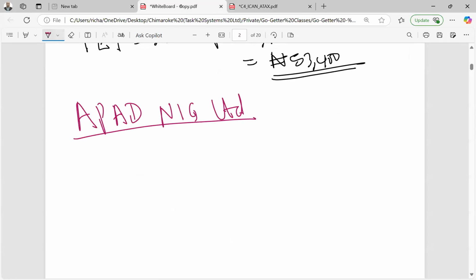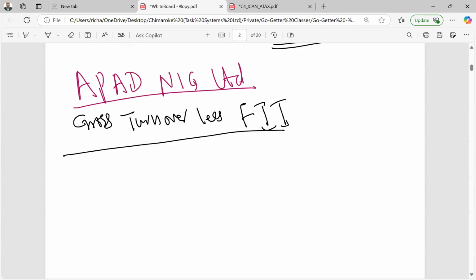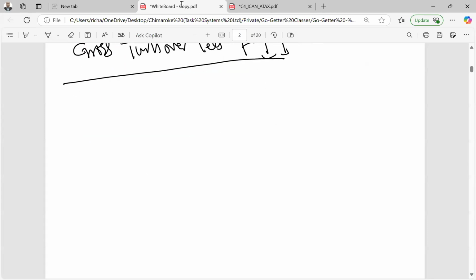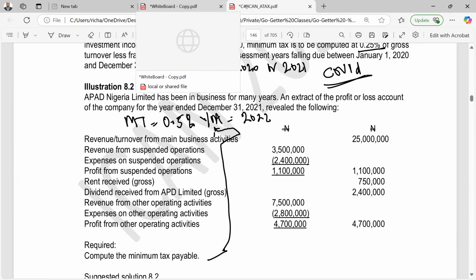We'll be looking at gross turnover less gross investment income. Okay, so let's see. Let's bring out all the turnover from main business, 25 million.